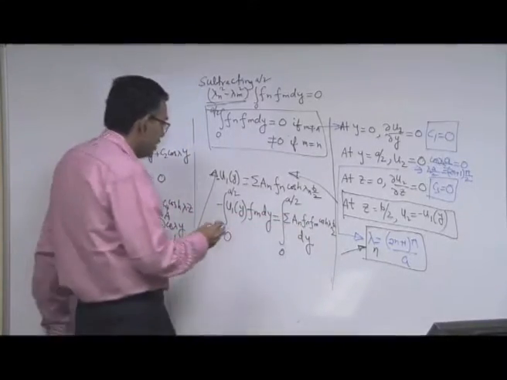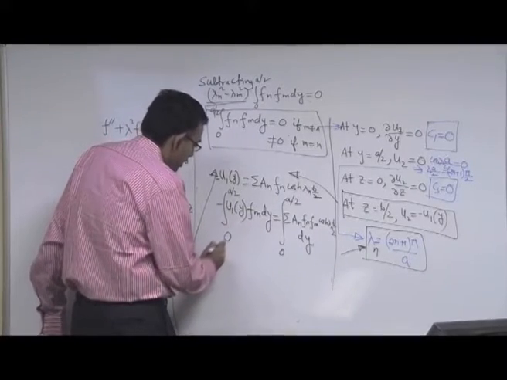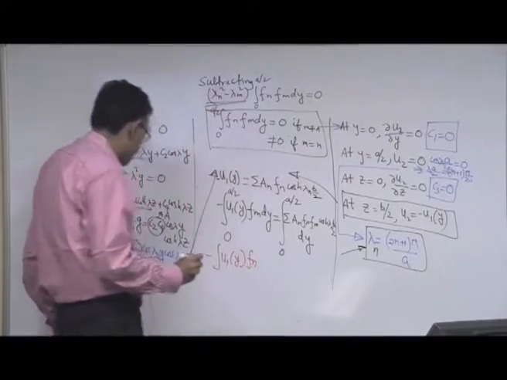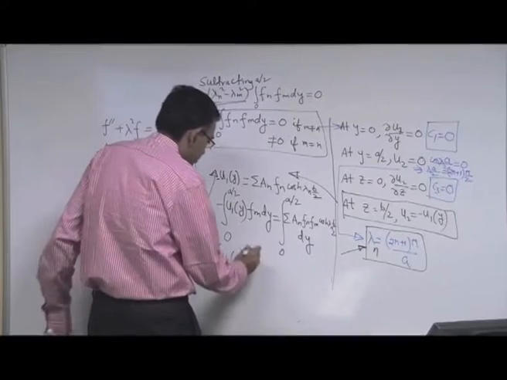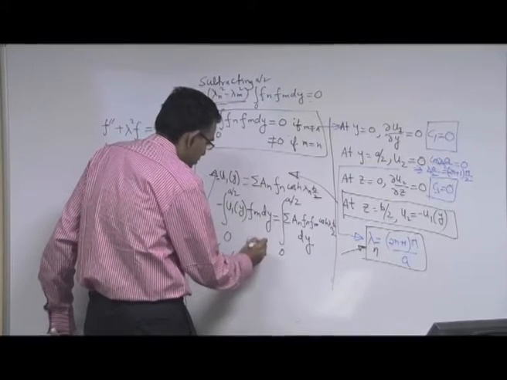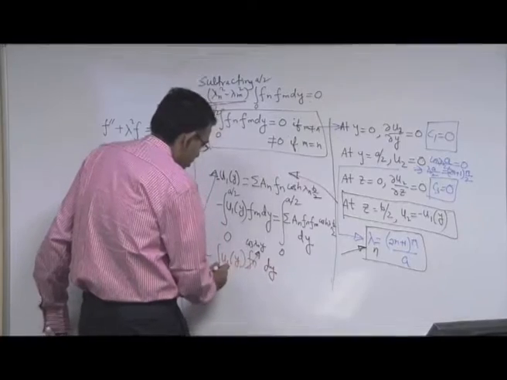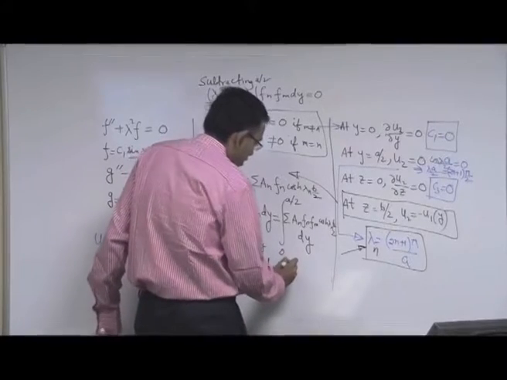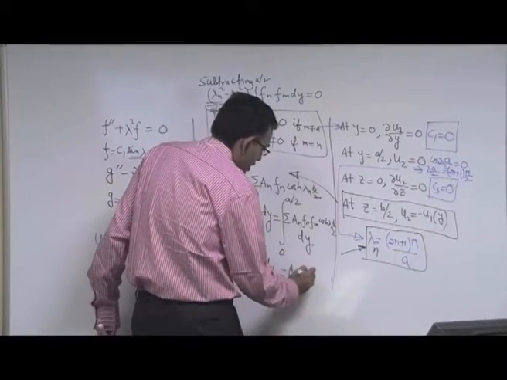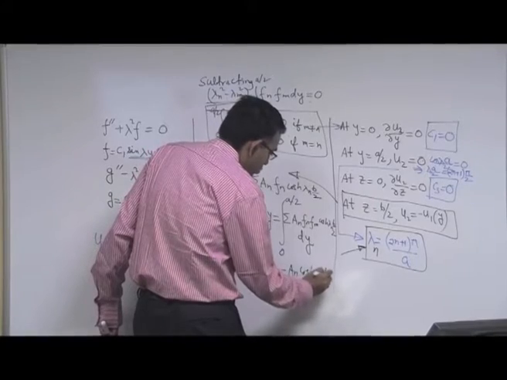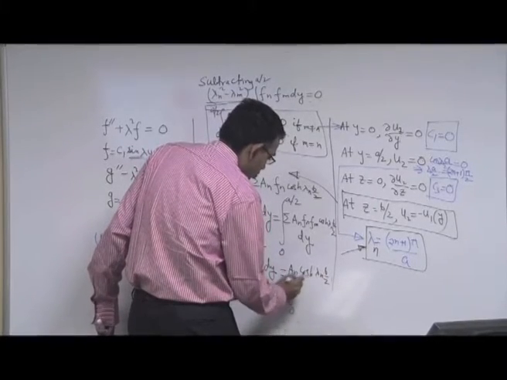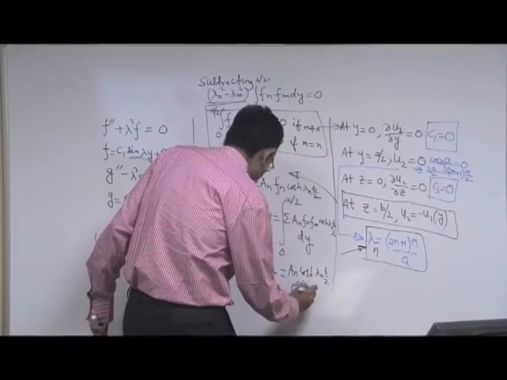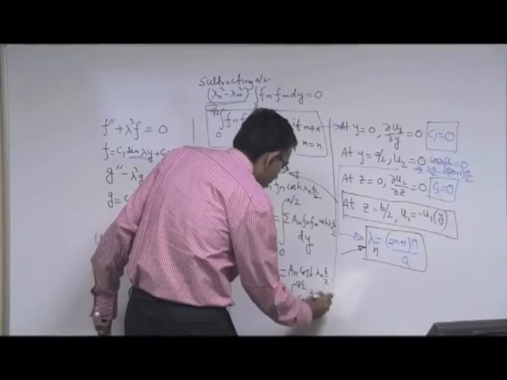So, you will get minus the integral of u1(y) fn dy, where fn is cos(lambda n y), from 0 to a by 2, is equal to an cosh(lambda n b by 2) into the integral from 0 to a by 2 of fn square, meaning cos square(lambda n y) dy.